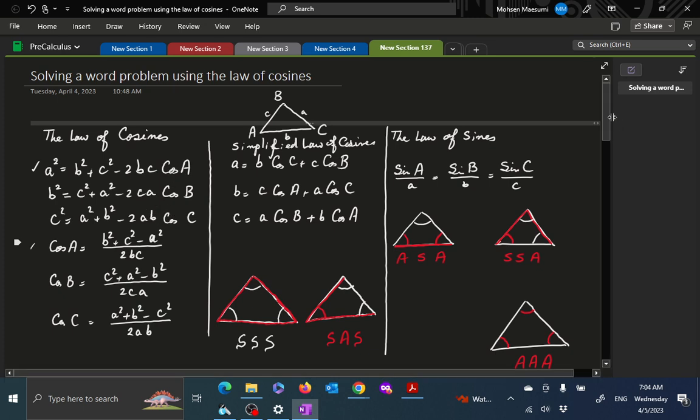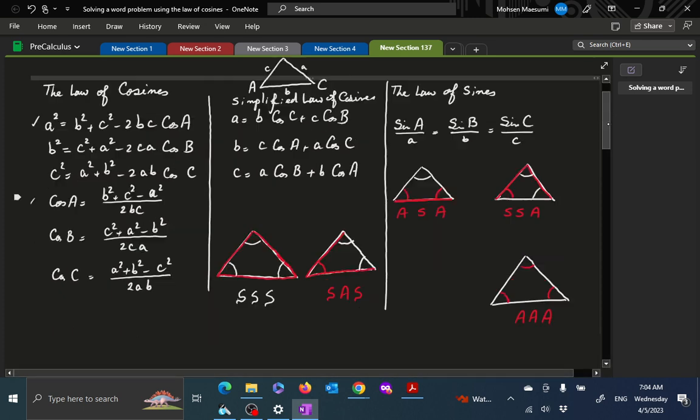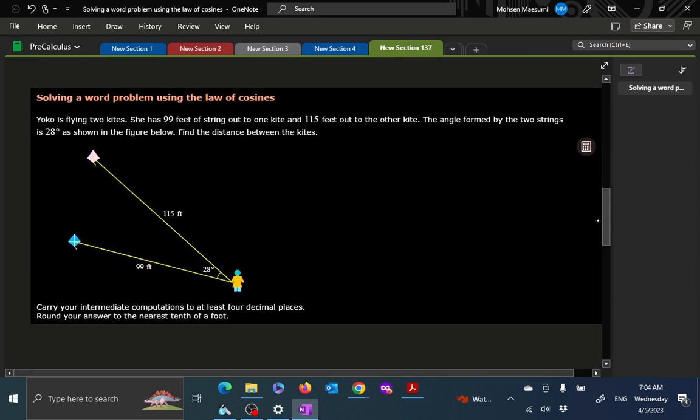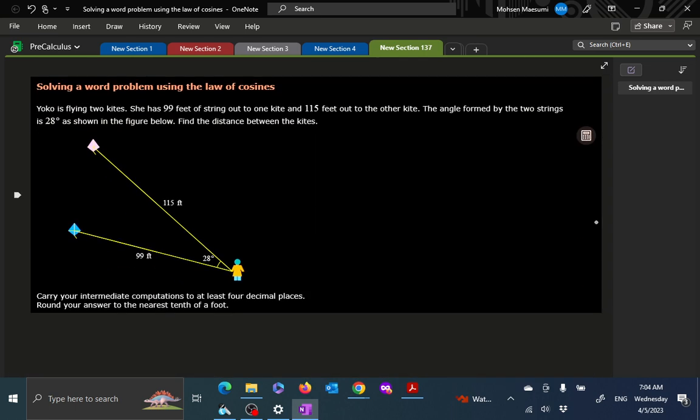The only thing is that the letters are not attached to these quantities. You can label them however you want. So for example, this can be vertex C, vertex A, vertex B. In that case, this is the side opposite of C, so we're going to call it little c. This one would be little b, little a, and so on.